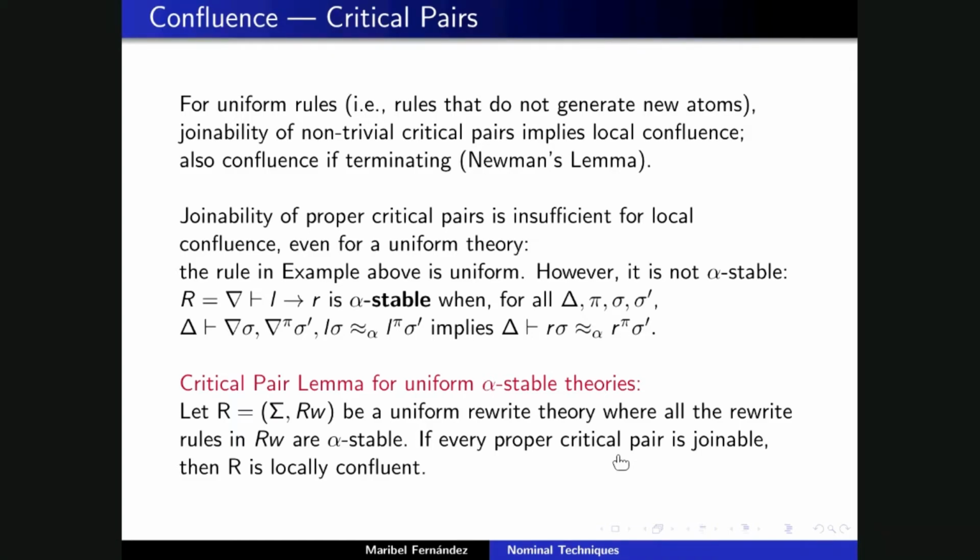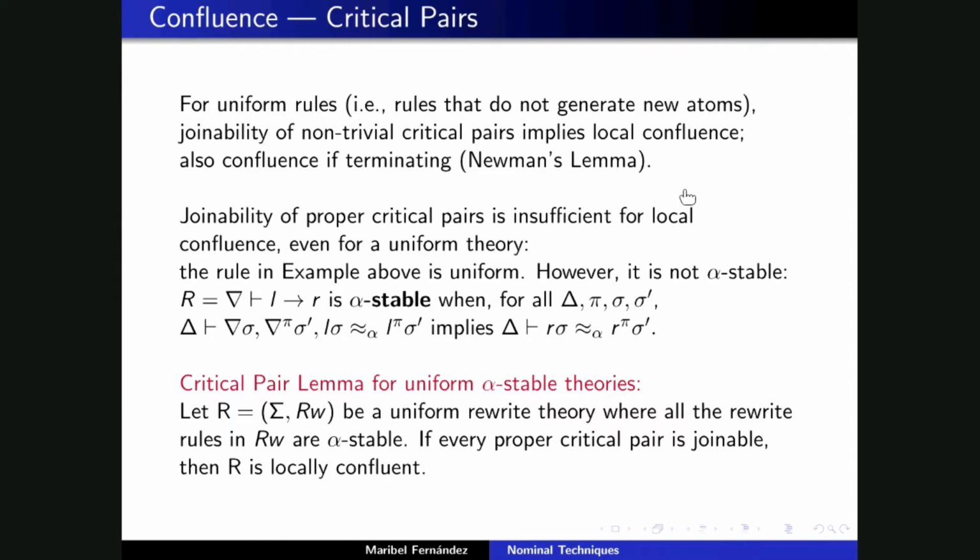If your system is not closed, there are other classes of rules for which this can work too. We call them uniform rules. They are rules that do not generate new atoms. So they might not be closed, but they don't generate new atoms. So the one I mentioned, f of a rewrites to a, is not closed, but it doesn't generate new atoms. We can still work with those. So there's still hope.